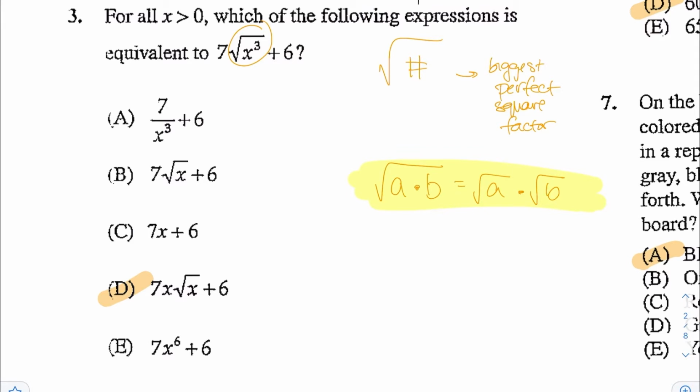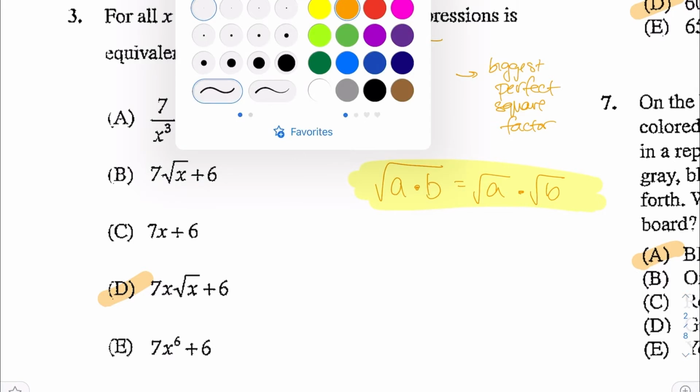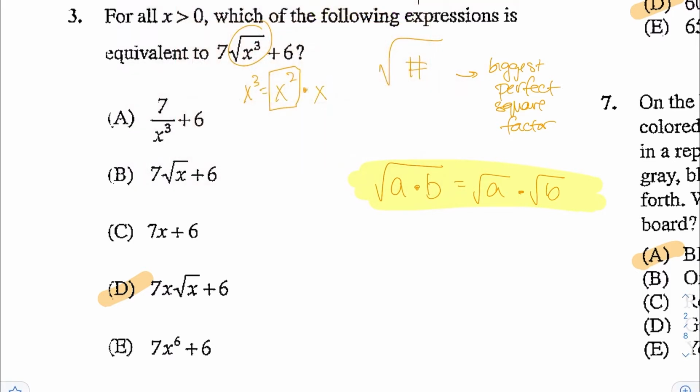A square root's an exponent of 1/2. So here you know that x cubed is equal to x squared times x, and x squared is a perfect square. So you're going to rewrite the entire expression to 7 times the square root of x squared times x, and then add 6.